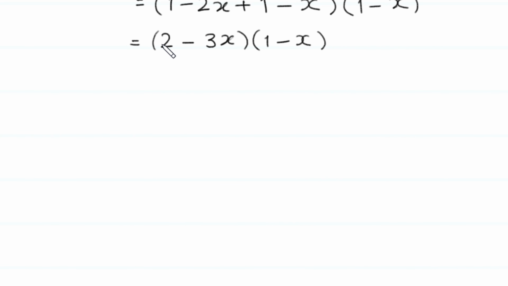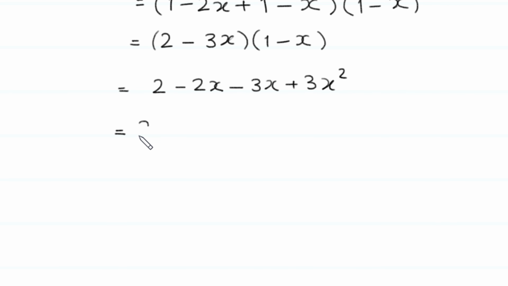Now we multiply this 2 minus 3x by this 1 minus x. 2 times 1, 2 and 2 times negative x, negative 2x, and negative 3x times 1, negative 3x, and negative 3x times negative x, plus 3x squared.